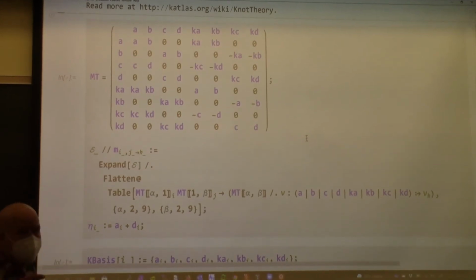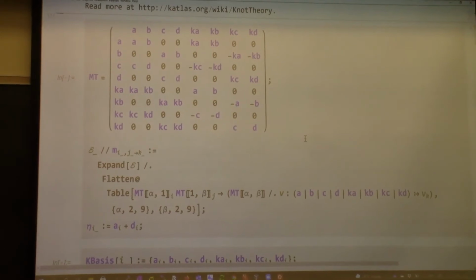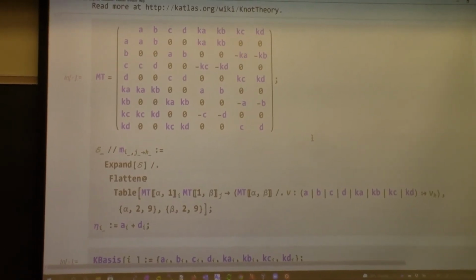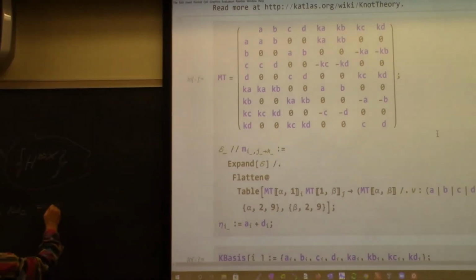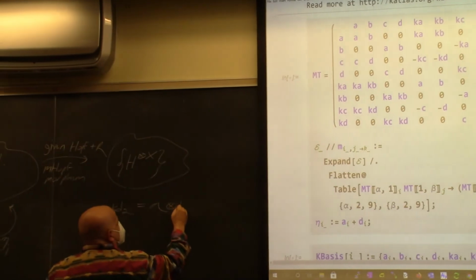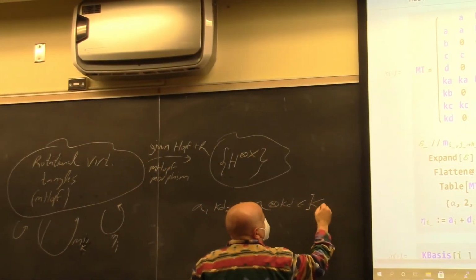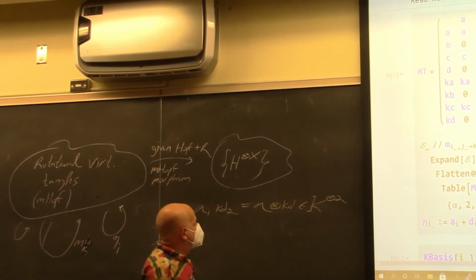which is that I indicate tensor factors with subscripts. So basically, if I write A1 KD2, then other people would write it as A tensor KD, and it lives in the Kerler algebra squared. Right?